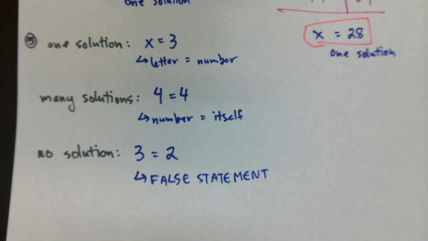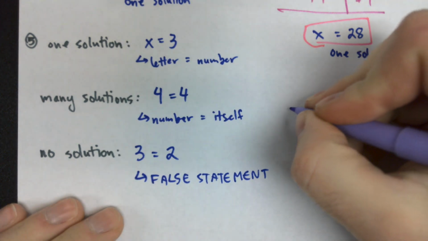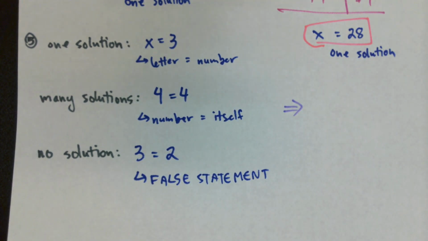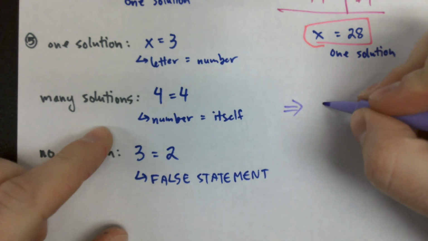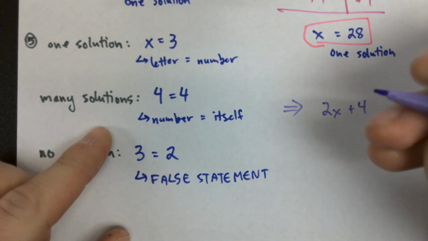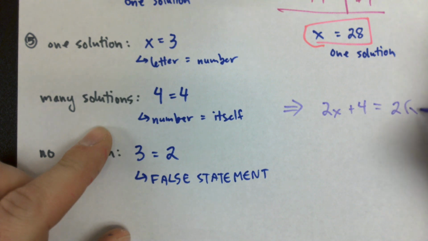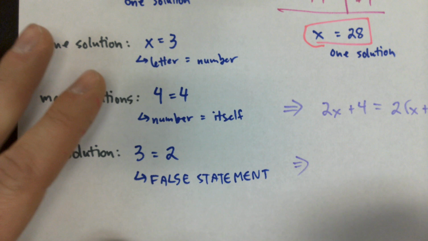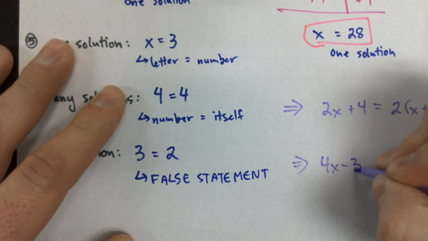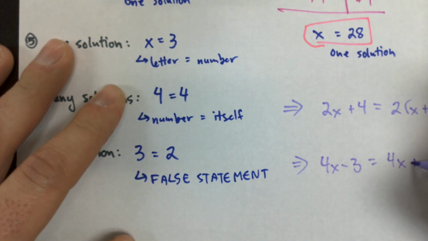And we're not going to do these together, but if you want to work out an example of these two by yourself, I'll give you a couple. Many solutions. Go ahead and try this. 2x plus 4 equals 2 times x plus 2. And for no solution, you could do 4x minus 3 equals 4x plus 5.